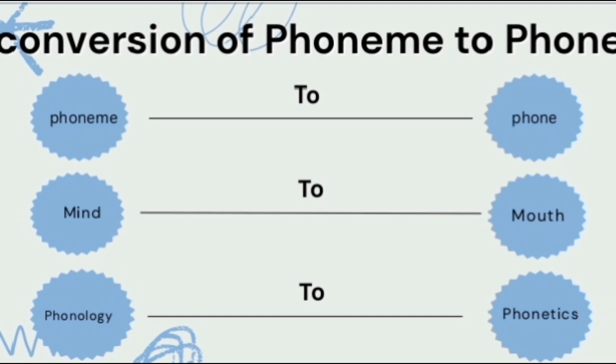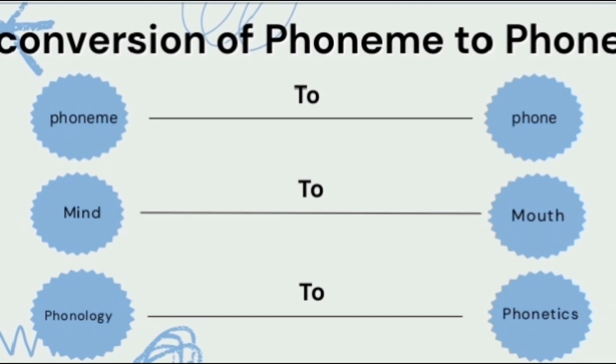So I have drawn a chart for you, so you can easily understand the concept of phoneme and phone. Here is the name of my slide, conversion of phoneme to phone. How does a phoneme convert into a phone? Let me tell you.